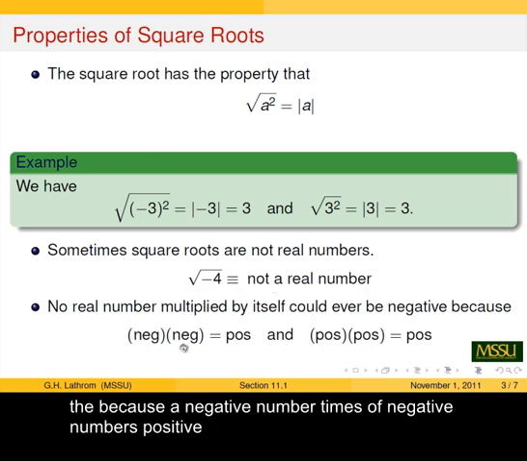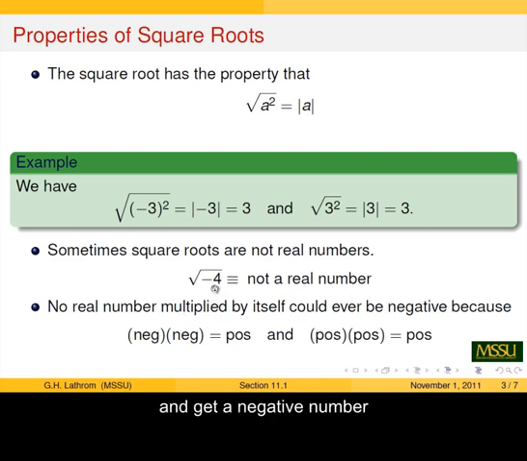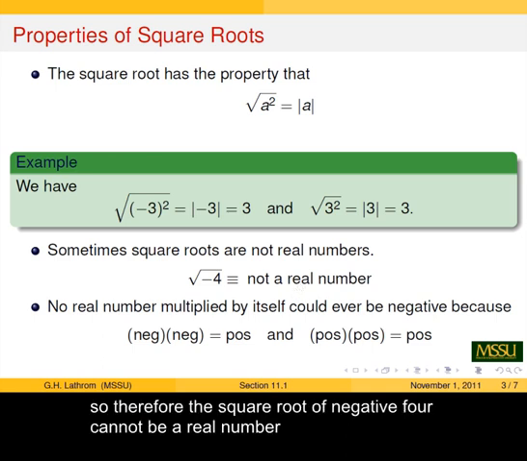But because a negative number times a negative number is positive, and a positive number times a positive number is positive, it's not possible to multiply any real number by itself and get a negative number. So therefore, the square root of -4 cannot be a real number.